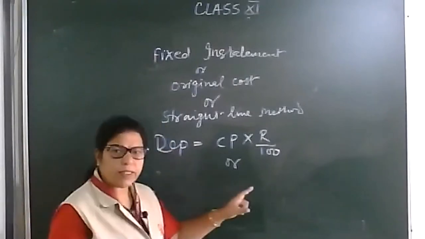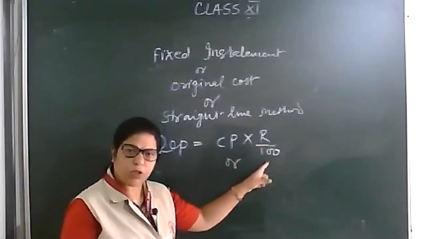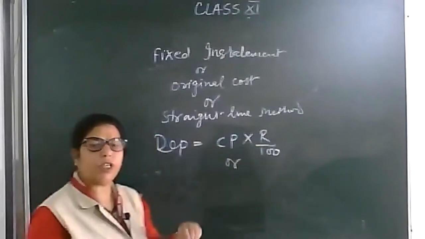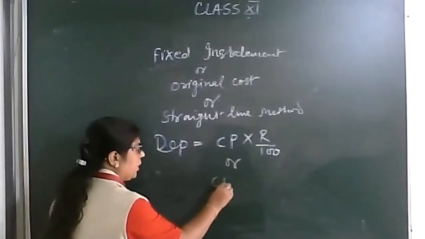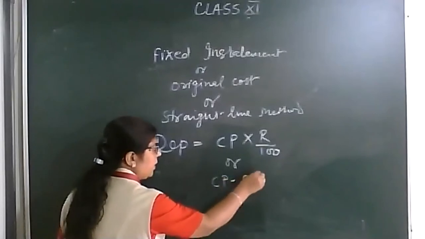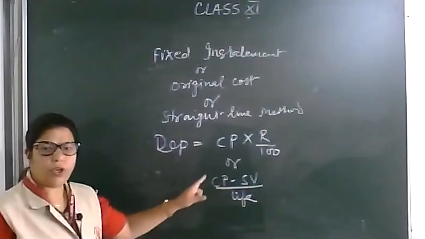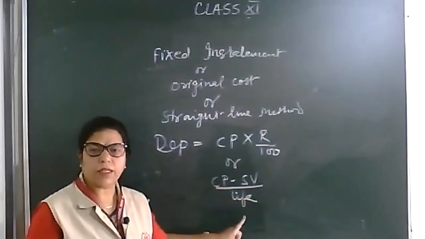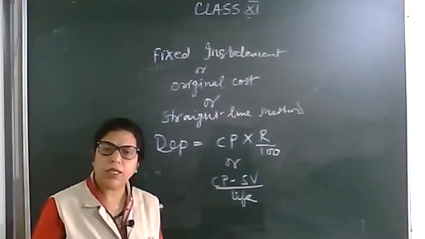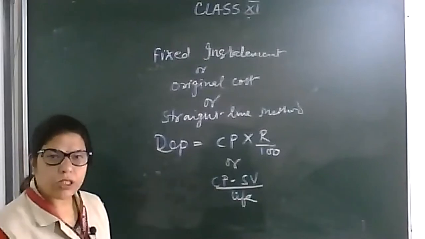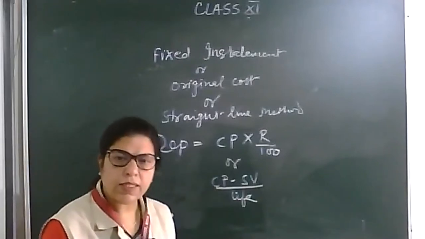If the rate is given, you will use this formula. If the rate is not given, then the formula is cost price minus scrap value upon life of the machine, life of the fixed asset.